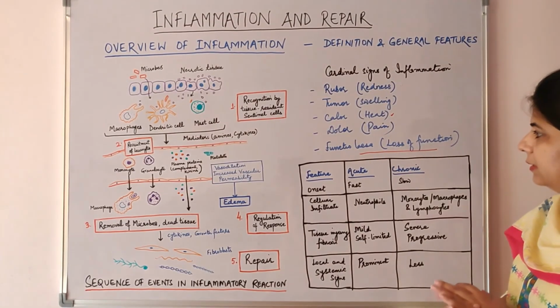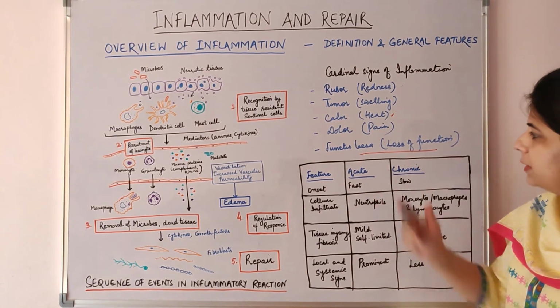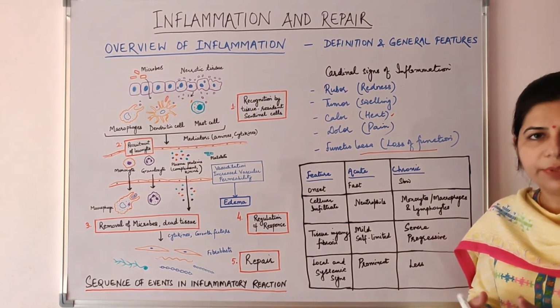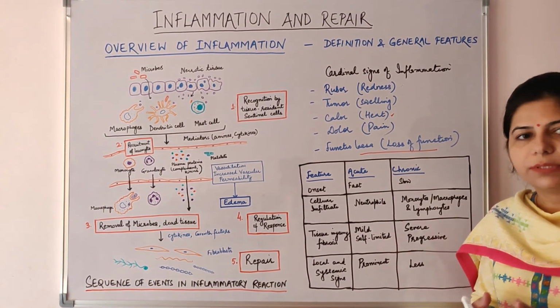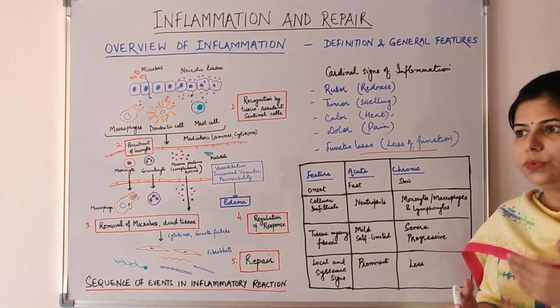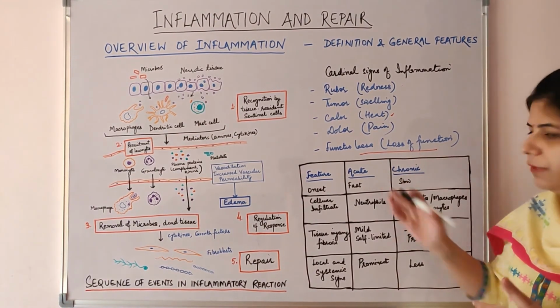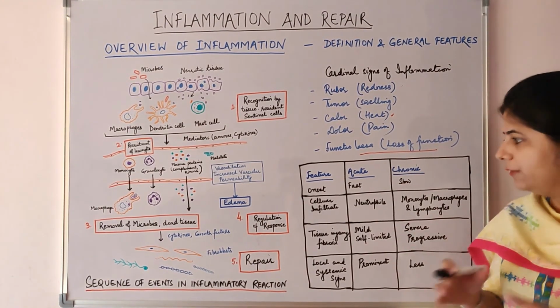Let us discuss the differences between acute and chronic inflammation. The onset in acute inflammation is rapid. Acute inflammatory response is self-limiting, and it occurs in response to those agents which are rapidly removed. So the inflammatory response gets cleared very fast.